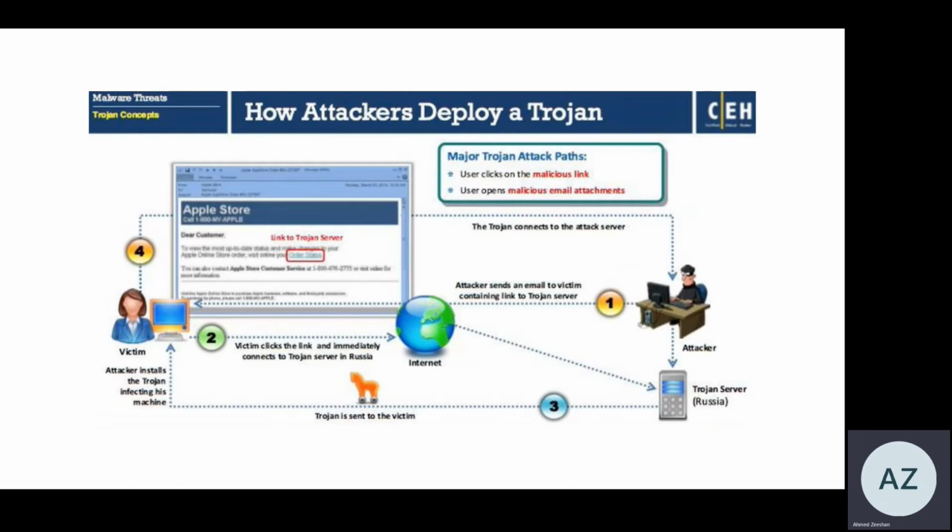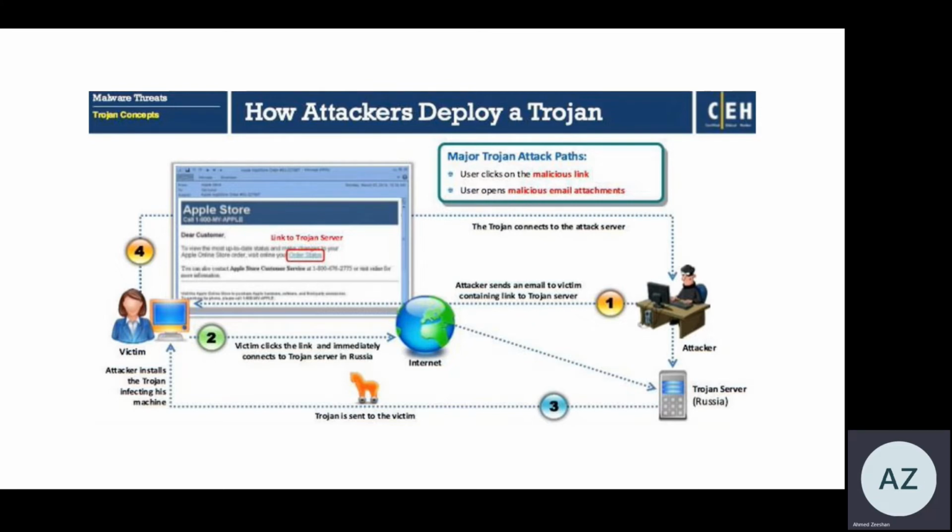Now, how do the attackers deploy the Trojan? Yeah, so what the attacker does is send an email to the victim containing the link to the Trojan server. Yeah, so when the victim clicks the link, it immediately installs and connects to the Trojan server wherever it is.